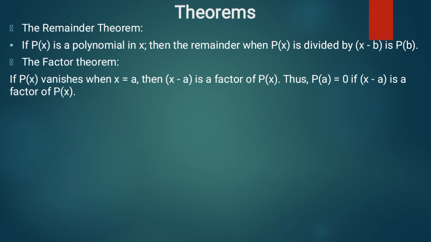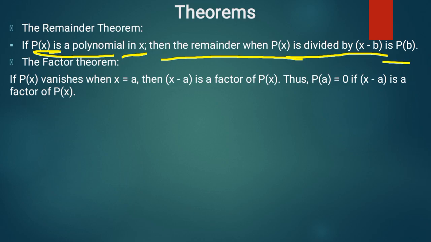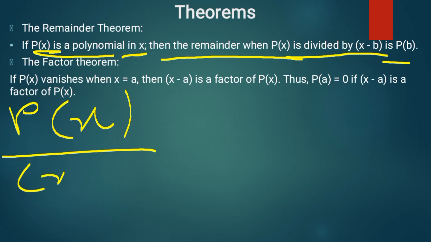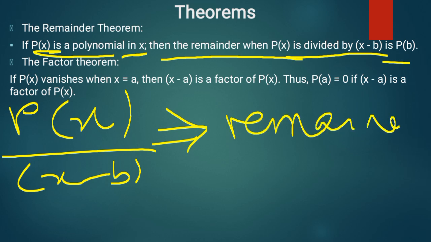Now the next thing you need to know is what we call the remainder theorem. So what do we mean by the remainder theorem? It simply says if p(x) is a polynomial in x, then the remainder when p(x) is divided by x minus b is p(b). So you have a polynomial p(x). Now if you divide p(x) by x minus b, the remainder must be p(b).